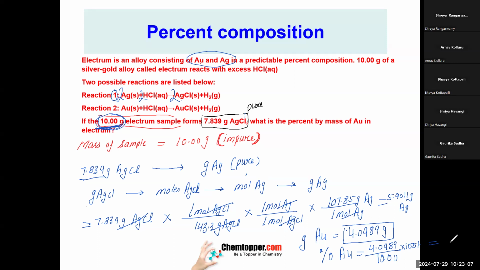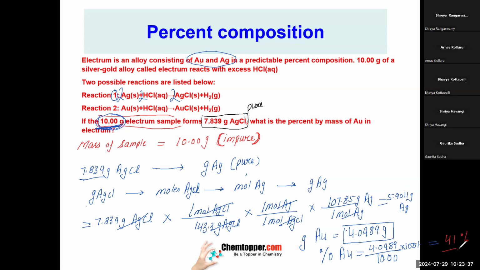Is it 40.1%? How come it is? Oh, yeah. Yes, yes. You're right. 41%. All of you are right. Shreya R, you and me were wrong.